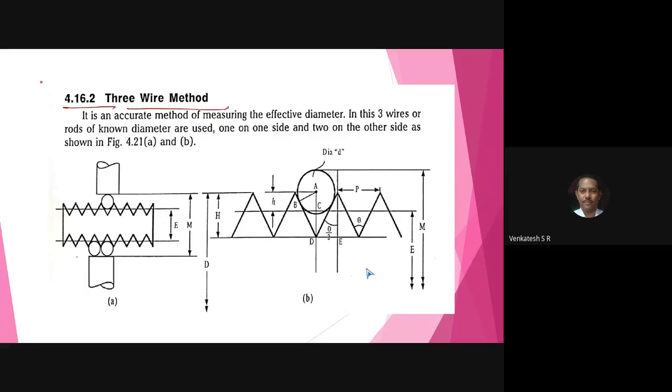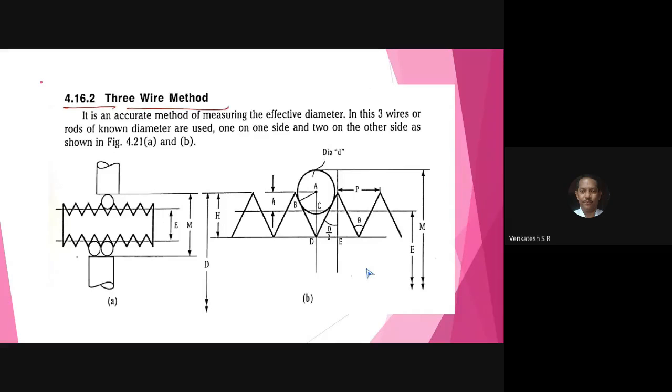Explain briefly with neat sketch the elements of thread measurement, the elements of the thread, by using the three-wire method.